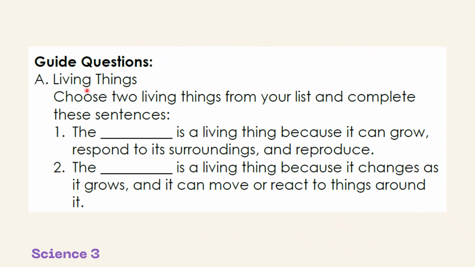Here are the guide questions. A. Living things. Choose 2 living things from your list and complete these sentences. 1. The blank is a living thing because it can grow, respond to its surroundings, and reproduce. 2. The blank is a living thing because it changes as it grows and can move or react to things around it.